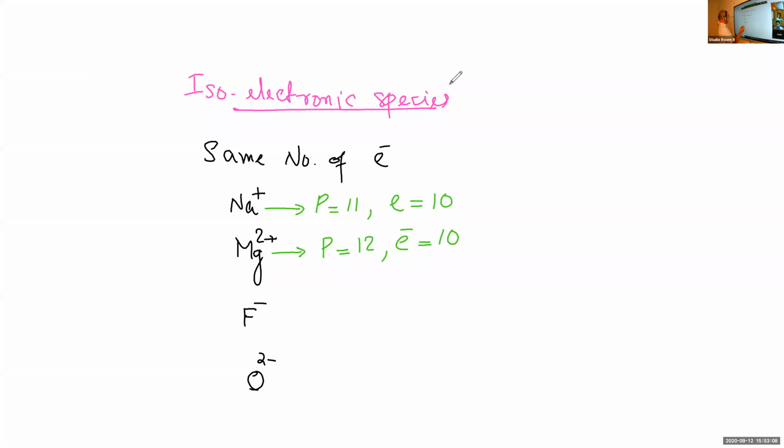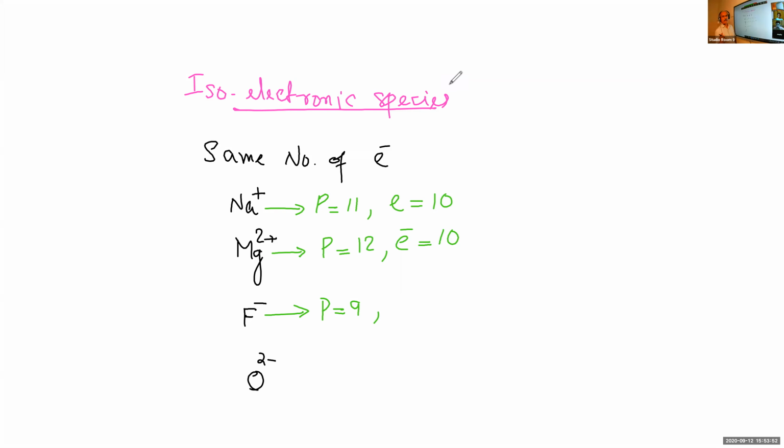Now you come to F-, the fluoride ion. The atomic number of fluorine is 9, and therefore the number of protons is 9. You must study at least up to atomic number 30, zinc. If it is a fluorine atom, there will be 9 electrons.